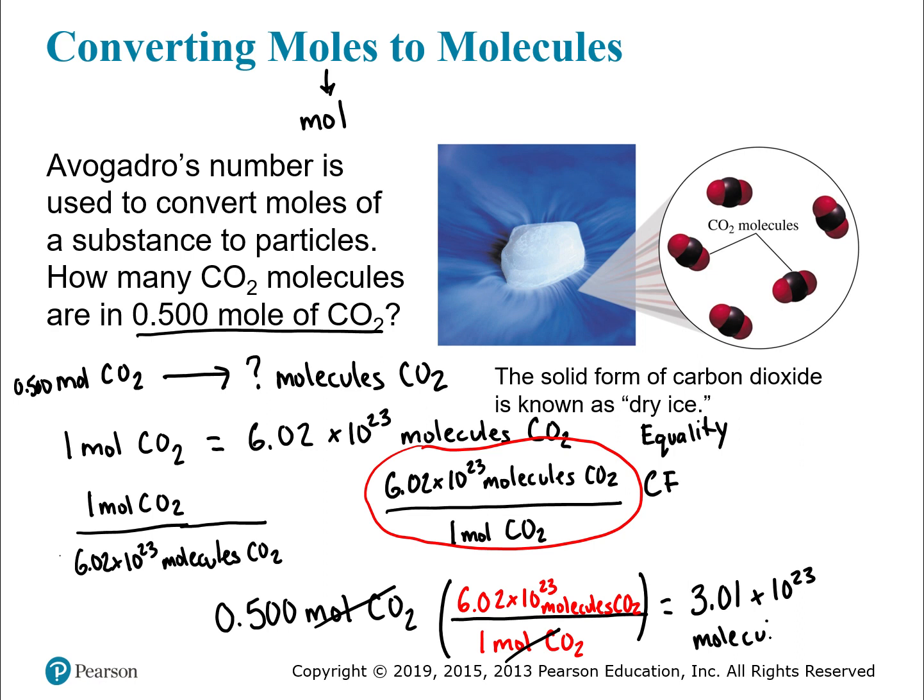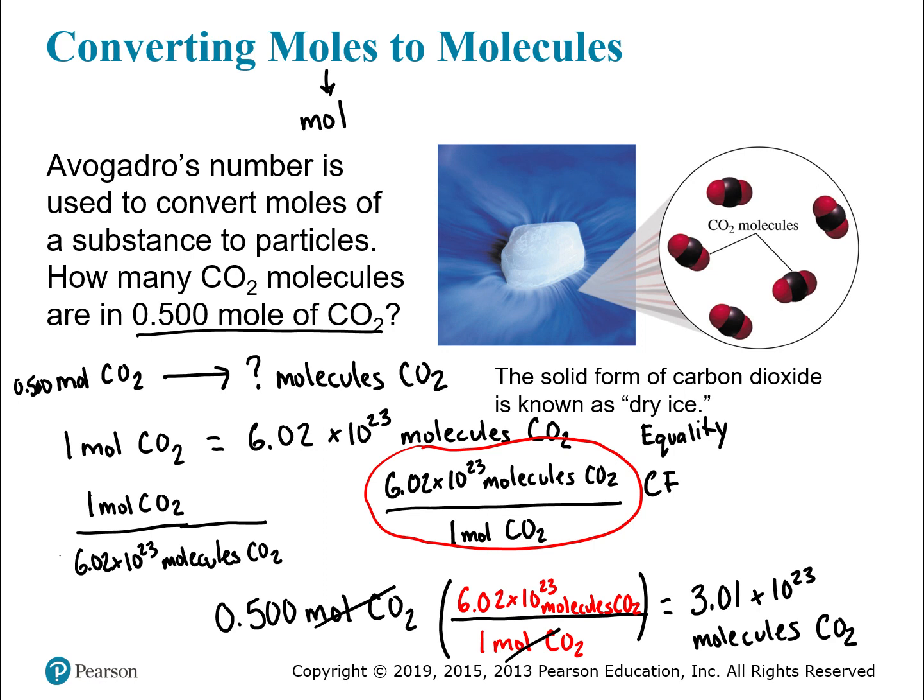You should get 3.01 times 10 to the 23rd molecules of carbon dioxide. Don't forget units. Also, don't forget sig figs. So conversion factors, equalities, sig figs, scientific notation, all the things that I promised would reappear, here they are.